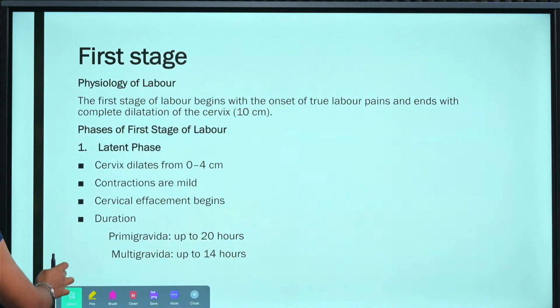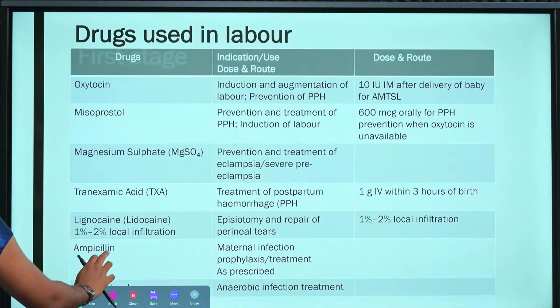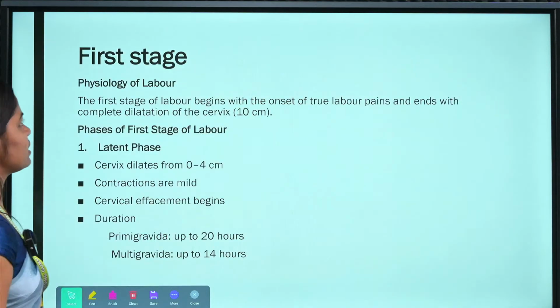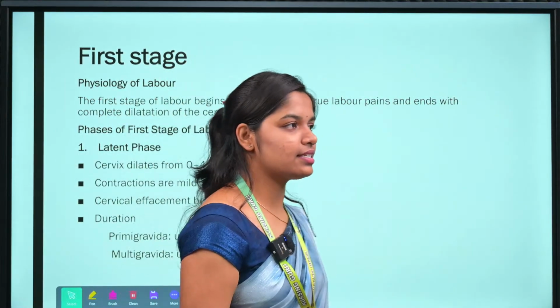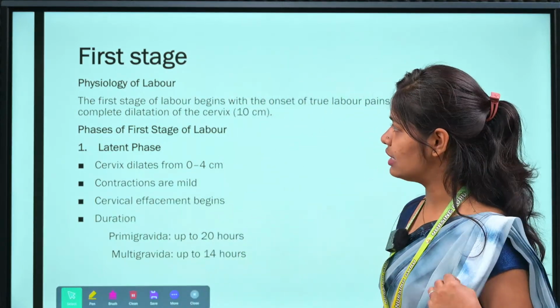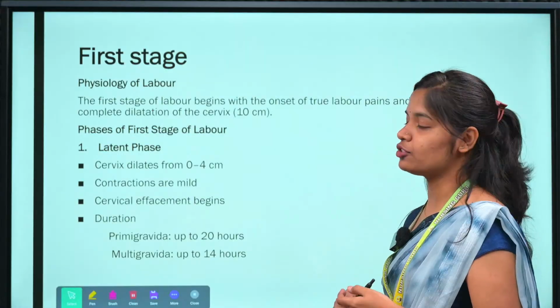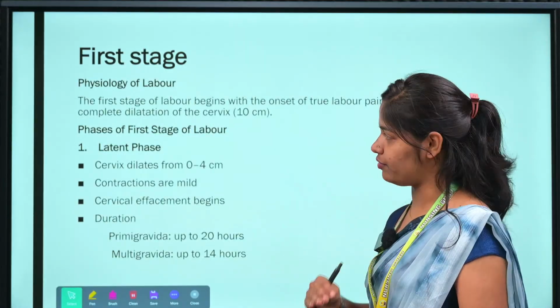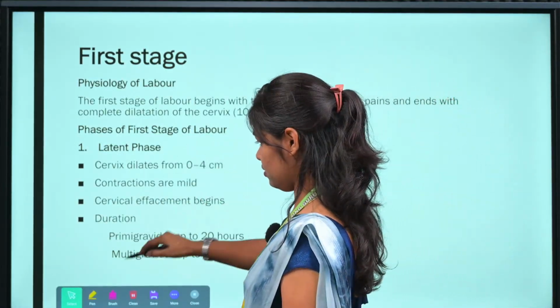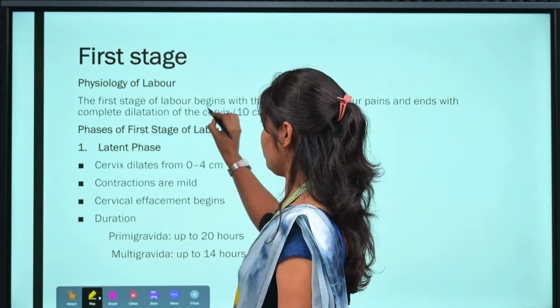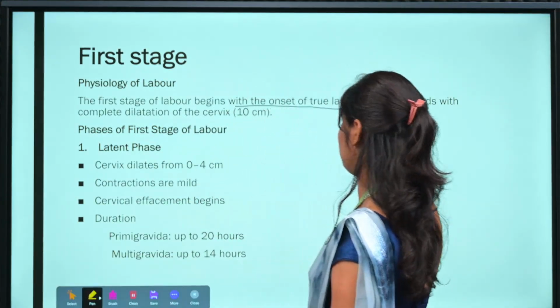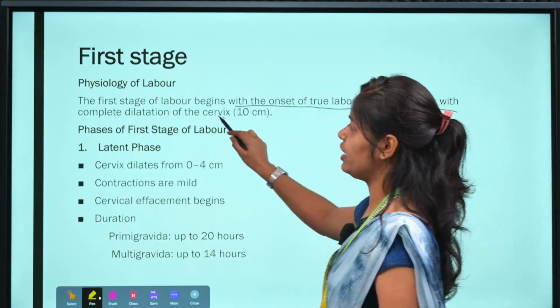Next, in that, we are going to study the first stage of normal labor. What physiological changes happen in the first stage, and the physiology of normal labor in the first stage. The first stage of labor begins with the onset of true labor pains and ends with complete dilatation of the cervix.